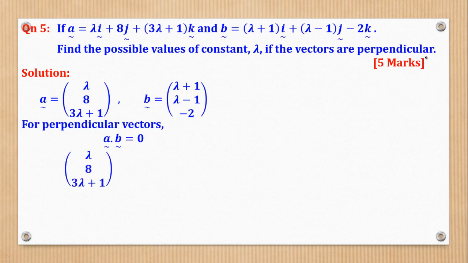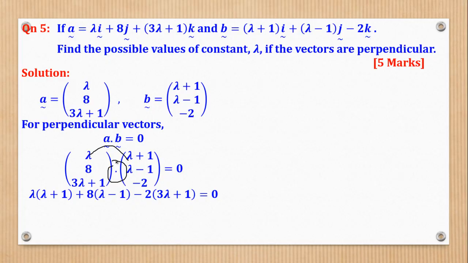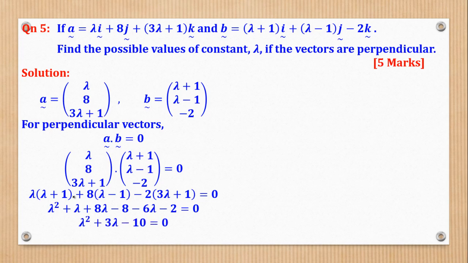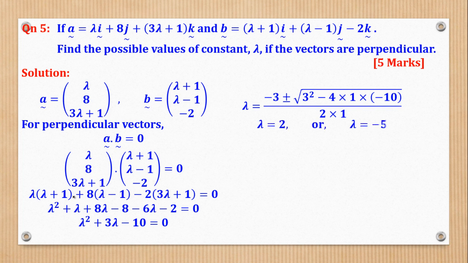Then we substitute for A and B. The dot has to be visible. Then dotting now, this times this, and this times that. So use brackets very well. Expand, collect like terms to get a quadratic, which can be solved to get the two values of lambda, and that is what they wanted.